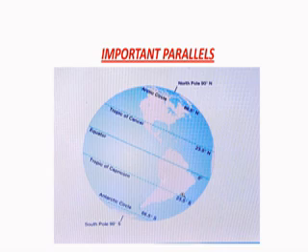The Tropic of Capricorn, 23.5 degree south. The Arctic Circle, 66.5 degree north. The Antarctic Circle, 66.5 degrees south. The Arctic and the Antarctic circles are also known as polar circles because they are lying near the North Pole and the South Pole.